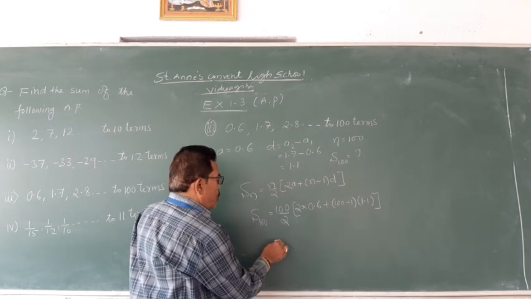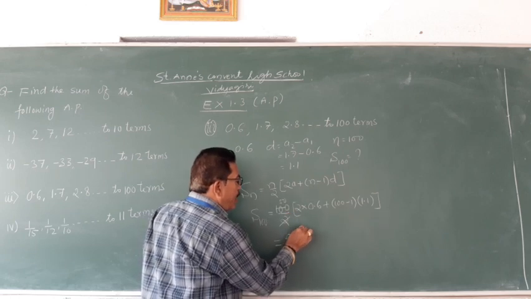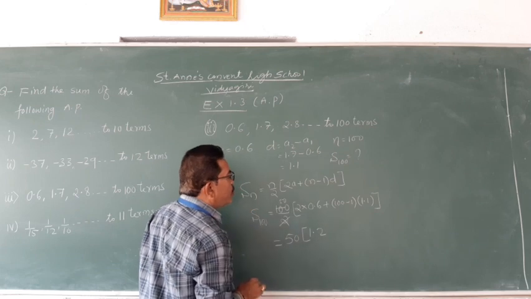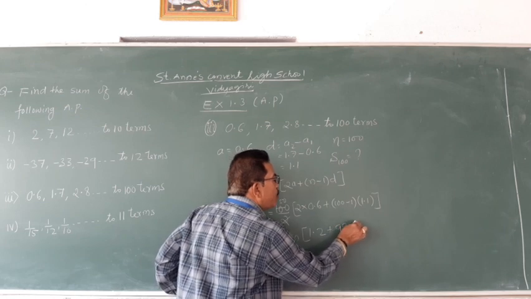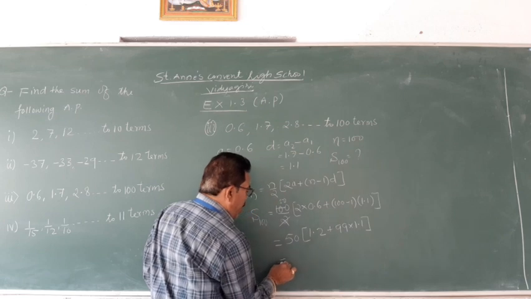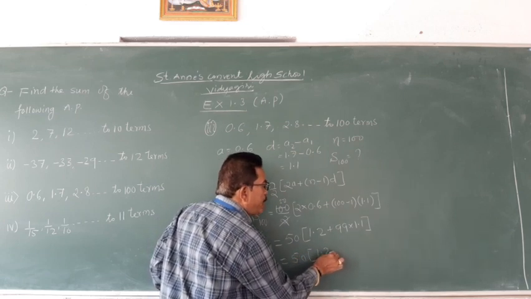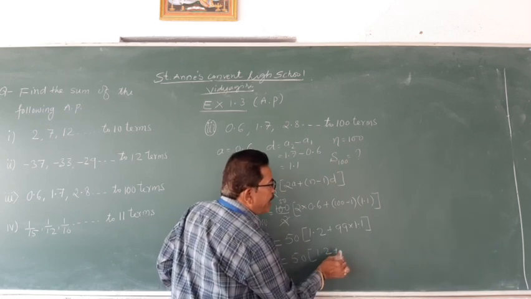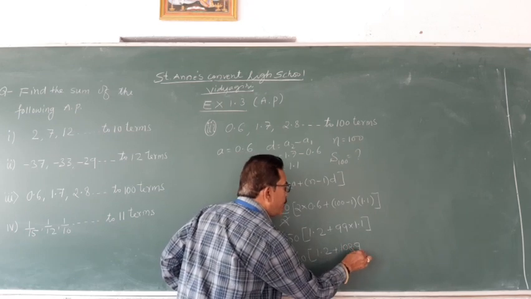Two 1s are 2, 2 fifties are 50, so 50 in the big bracket 1.2 plus 99 into 1.1. 11 nines are 99, that is 108.9.